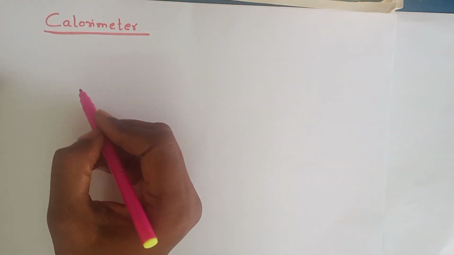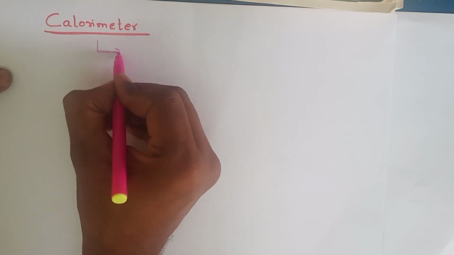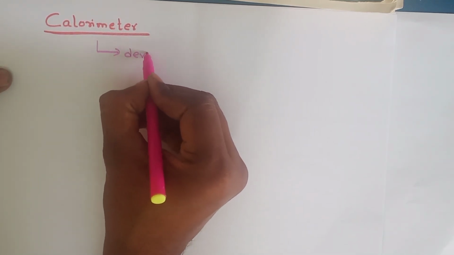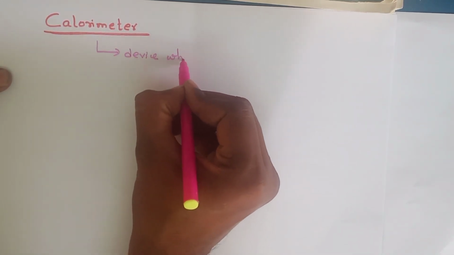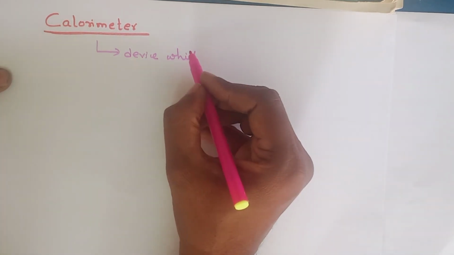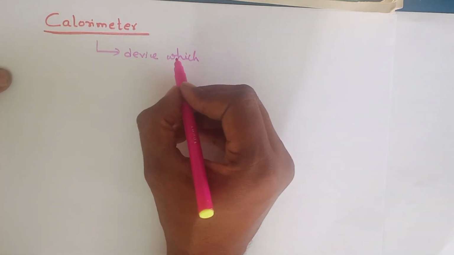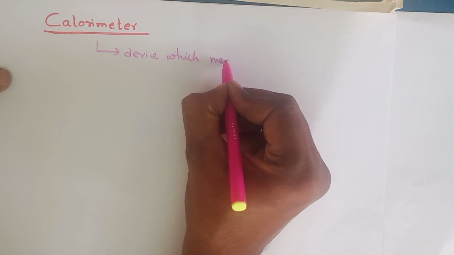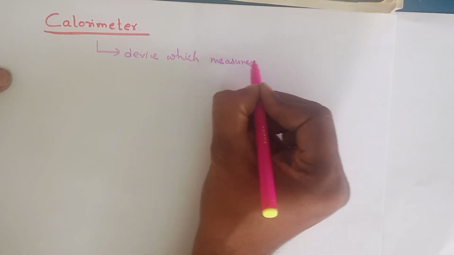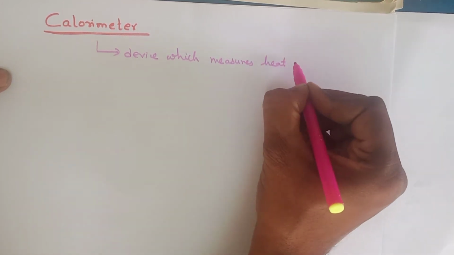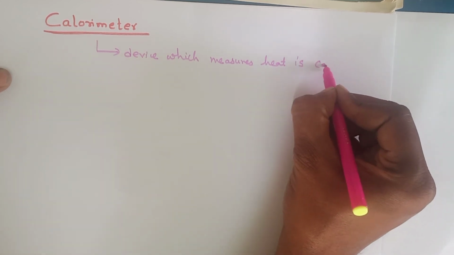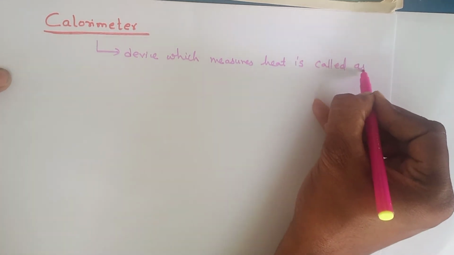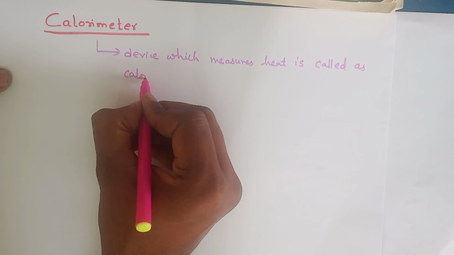What is a calorimeter? It is simply a device which measures heat, is called a calorimeter.